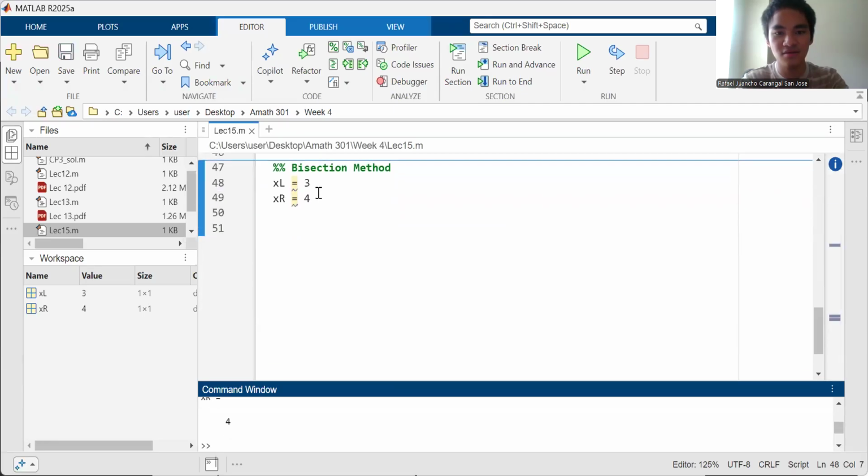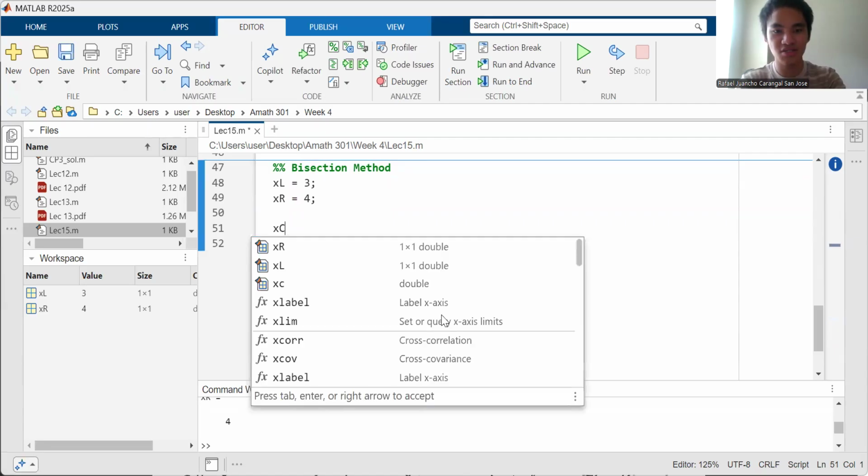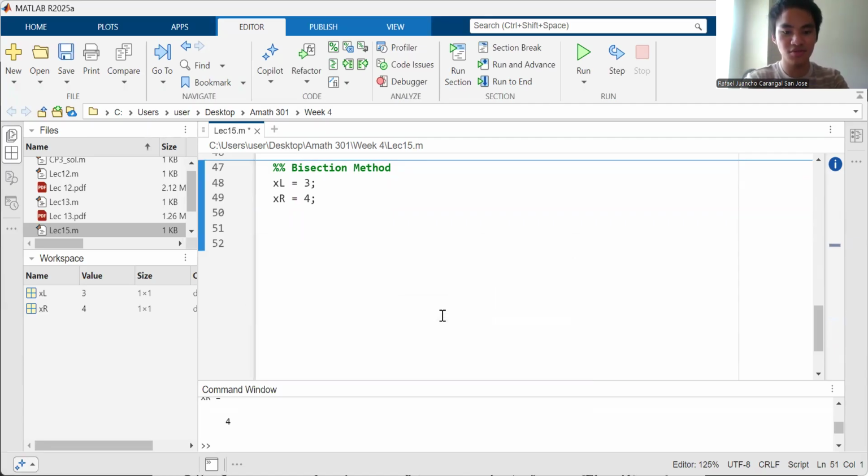And then from there, I'm gonna compute my center, and my center is XC. Here I'll put some comments. What I did here was initialize my XL and XR, and then the next thing I do is compute my center.